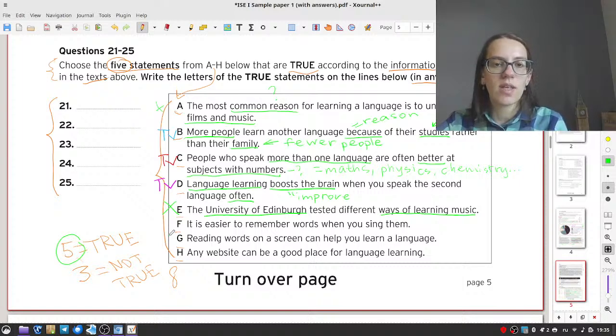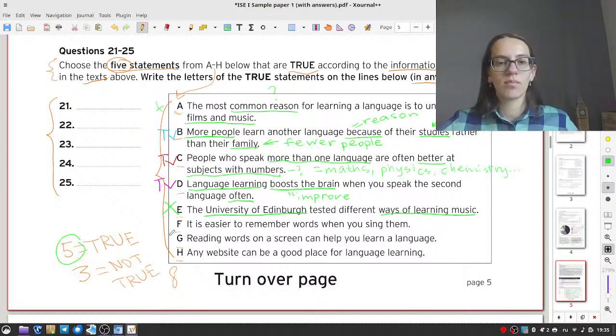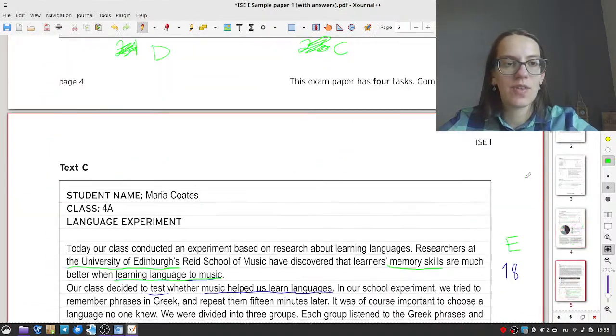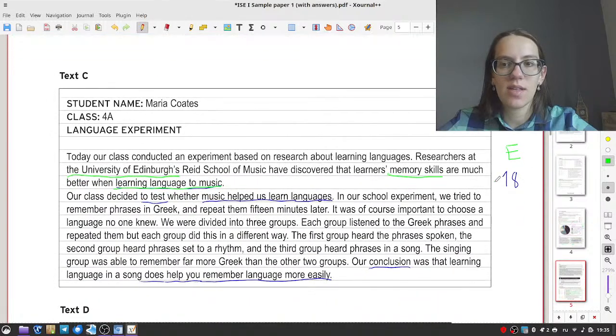F. It is easier to remember words when you sing them. Well, singing words, singing language, that was again text C, so the next one, F, goes here as well.